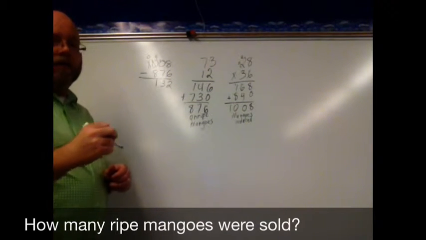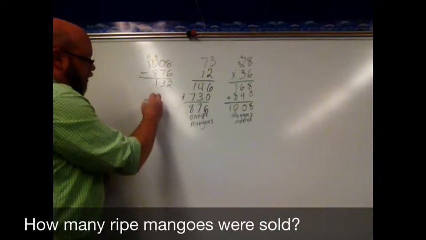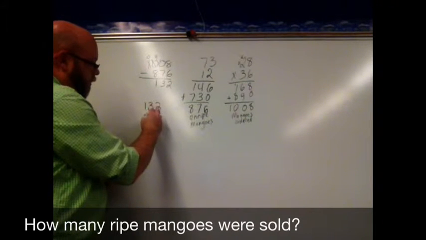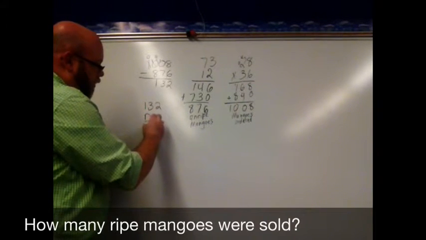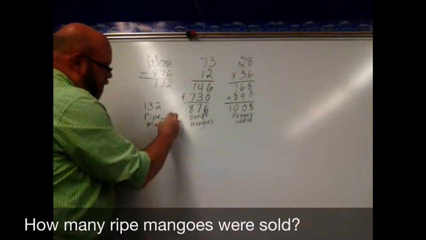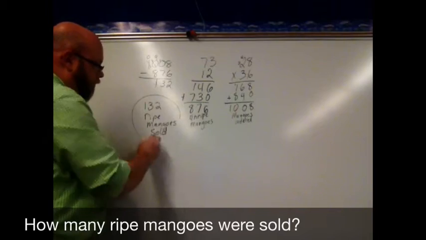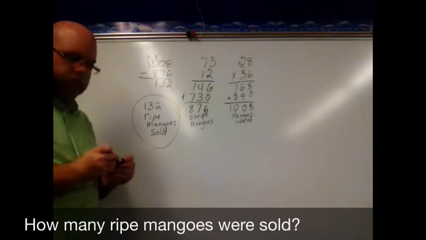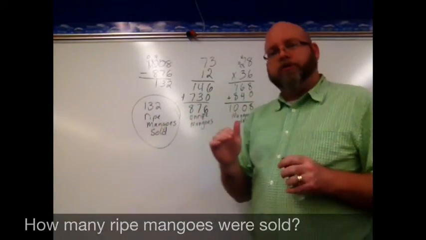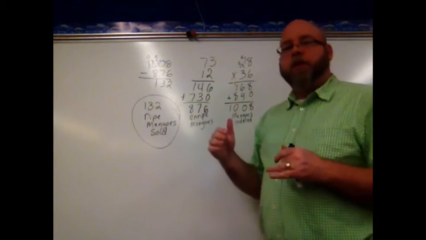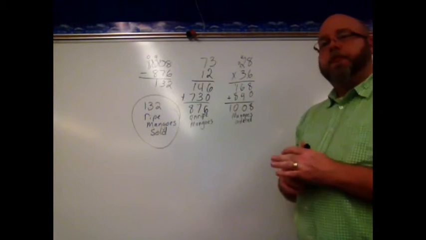And find that there were 132 ripe mangoes sold. So our trick with story problems is that we look at the story problem all together.